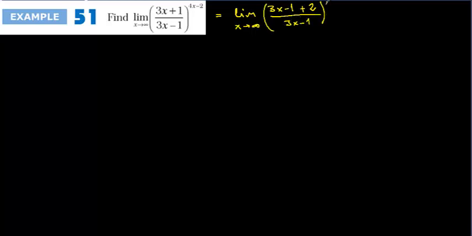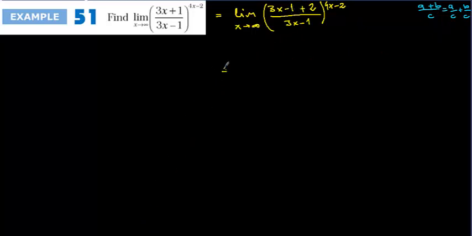Here the power is that's equal to 4x minus 2. Okay, now from the addition of two rational numbers, a plus b over c can be written as a over c plus b over c. That's why I'm going to separate this expression like this.